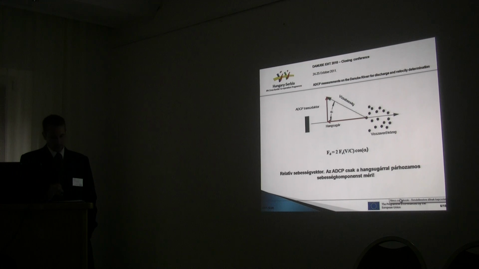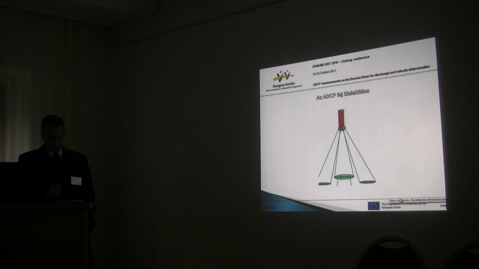We must mention that the ADCP only measures the radial component of the velocity vector. That is why, in order to measure the velocity in 3 dimensions, we need more than one transducer. That is how the head of the ADCP equipment has more, in this case 4 transducers, which are placed at 20 degree angles with each other.